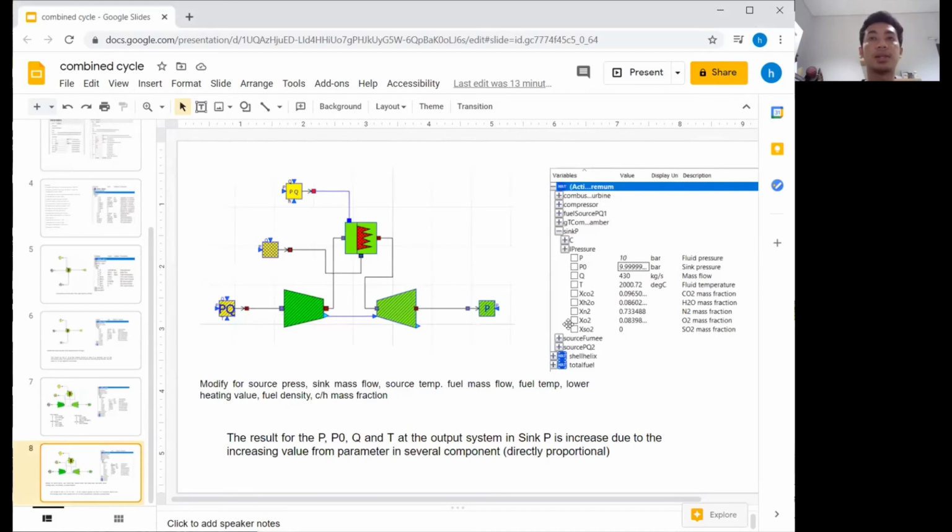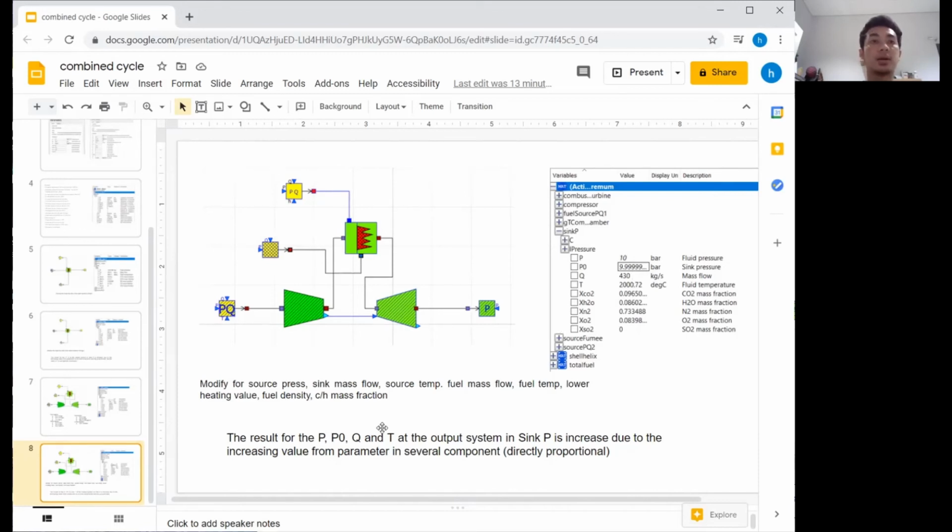So this is the result. We can see that there is an increase in all components: the fluid pressure, sink pressure, mass flow rate, and the fluid temperature also increased, from 7 to 10, and the temperature from 1000 to 2000.